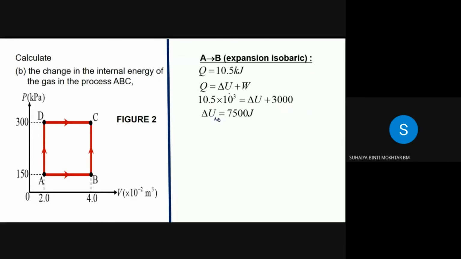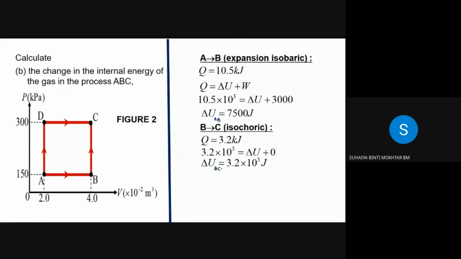Then for process isochoric BC, Q is positive 3.2 kilojoule and work done is 0. So you use the same equation, Q equals delta U plus W, first law of thermodynamics. So you can determine delta U equals Q equals 3.2 times 10 to the power of 3 joule. This one is BC.